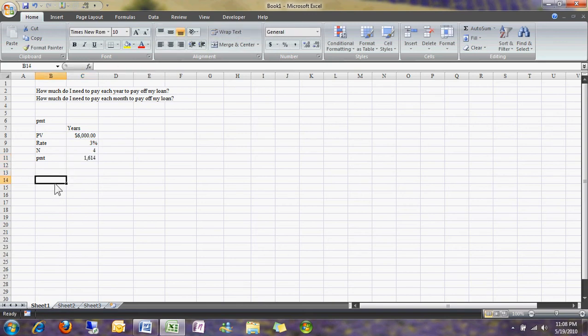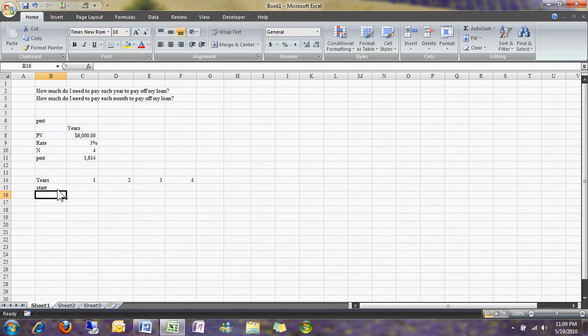So to show the math that's going on here, so that you can see what this function is doing, it's taking the loan over a 4-year period and decreasing the amount that you owe over 4 years until it gets to 0.